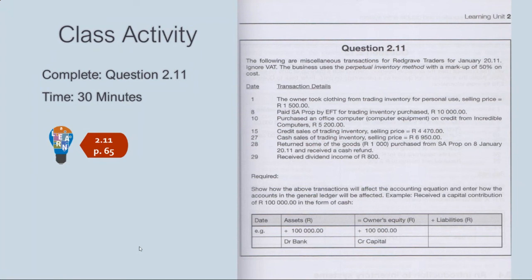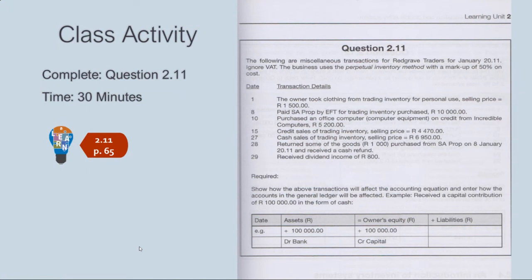Okay, if I sell something cash, where does the money go? Come on, guys, I've just explained the credit sales.